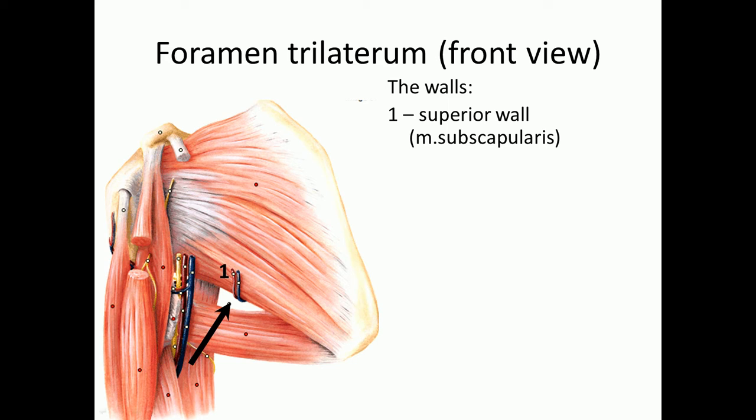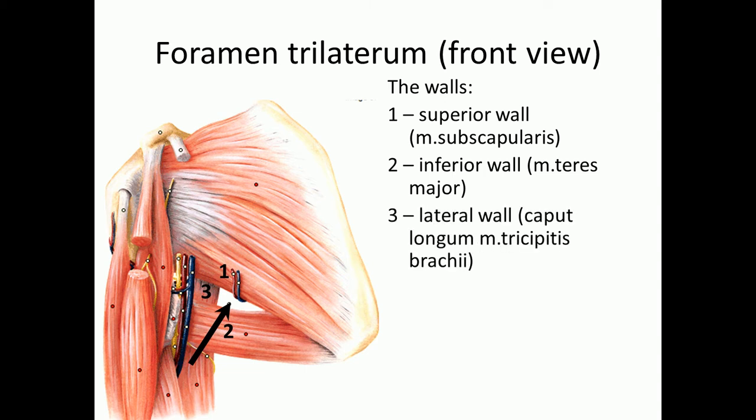It's all musculus subscapularis. And number 2, the inferior wall, musculus teres major. Foramen trilaterum means we shall find a third wall. The third wall is the lateral wall. It's the caput longum of musculus tricipitis brachii.